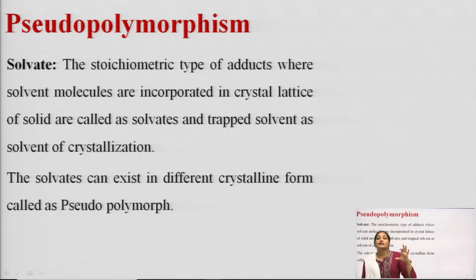And if this trapped solvent is water, then this form will be called hydrates. Okay. And these solvates can exist in different forms, and those forms will be called pseudo polymorphs, and the phenomenon is called pseudo polymorphism.